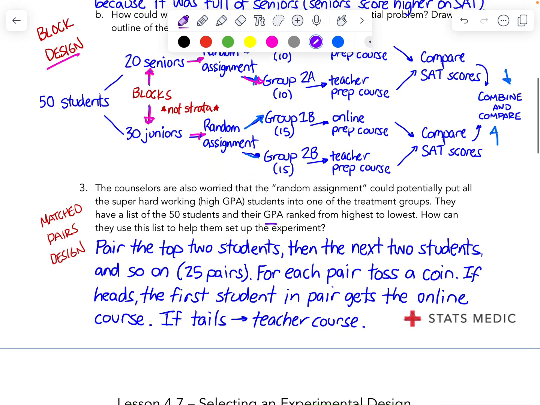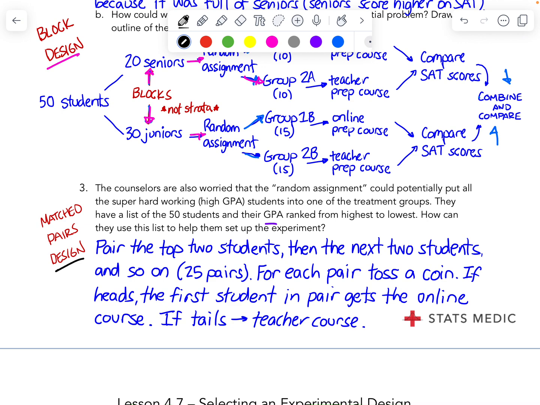Now, if there is further concern around what would happen if all the students with high GPAs go into one treatment group, a potential way to control for the GPA would be to do a matched pair design. You pair the top two students and then the next two students and so on, having 25 pairs in total.